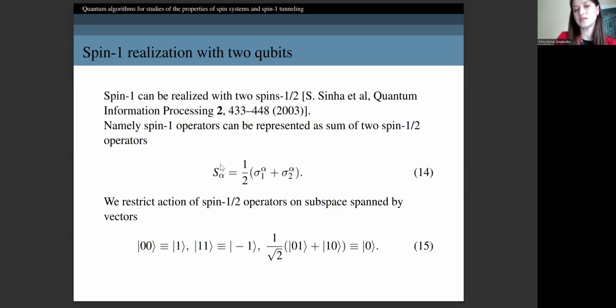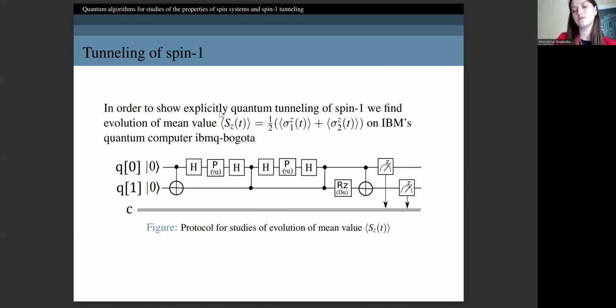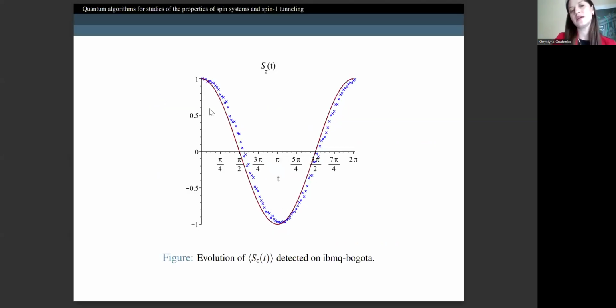Considering this representation, we can create and represent the operator of evolution corresponding to this Hamiltonian, so we can study this spin-1 system on a quantum device. Then we considered the mean value of this operator, and this is a quantum protocol for this study. We prepare this state, and then we consider this measurement to obtain these mean values and obtain this result.